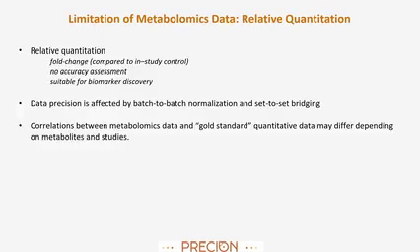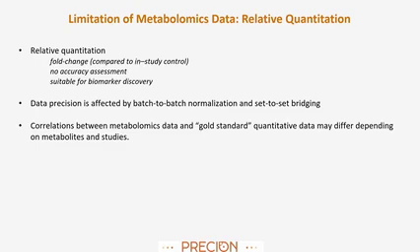The other limitation is the quantitation of untargeted metabolomics. We often hear the quantitation of untargeted metabolomics described as either relative quantitation or semi-quantitation. That is in comparison to the classical gold standard of clinical assays, which is anchored by two important factors.